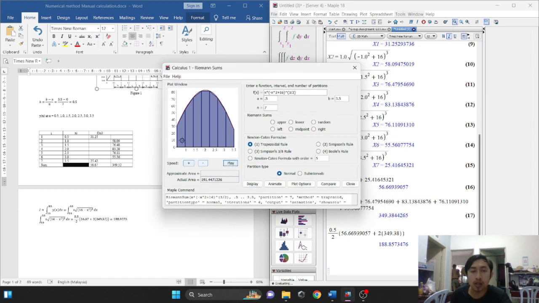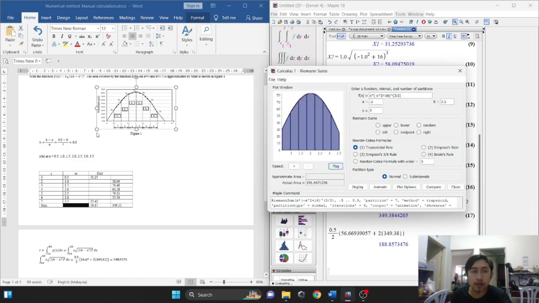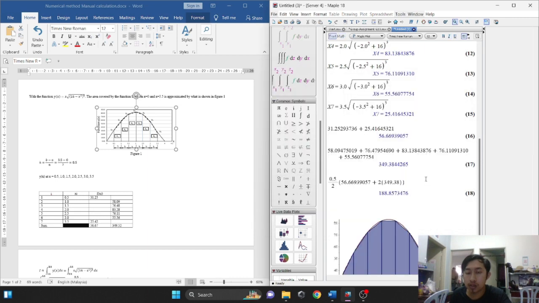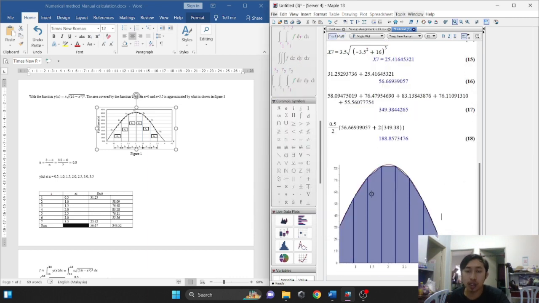This is the area of the graph. This is the increment. So at the x-axis, increment at 0.5, and this is the area of this function. Loss will appear at final graph.